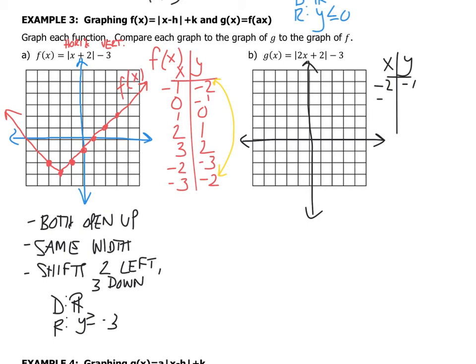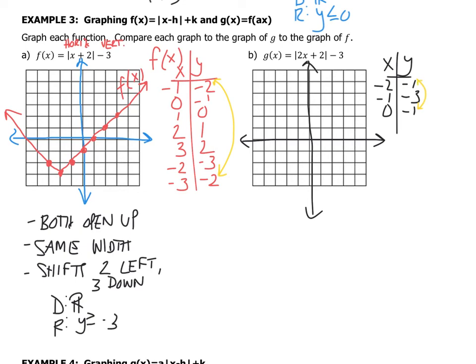Then let's do negative 1. Negative 1 goes in, I get negative 2, plus 2 is 0, minus 3 is negative 3. If I plug in 0, 0 goes in, I get 2, the absolute value is 2, minus 3 is negative 1, and right away, without doing a million of them, not too bad.